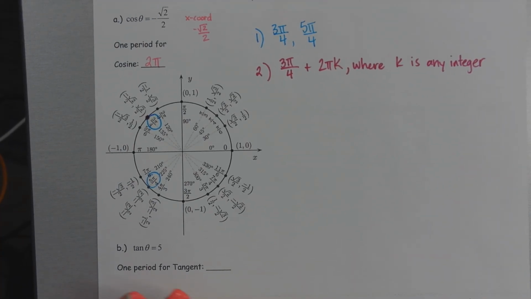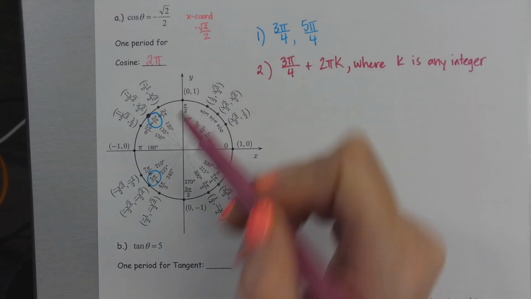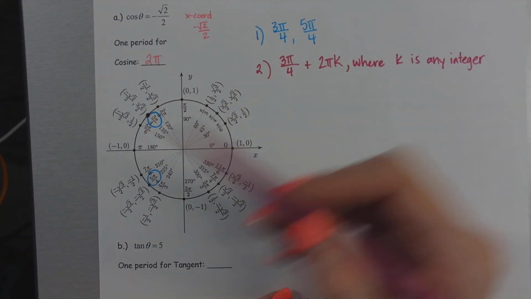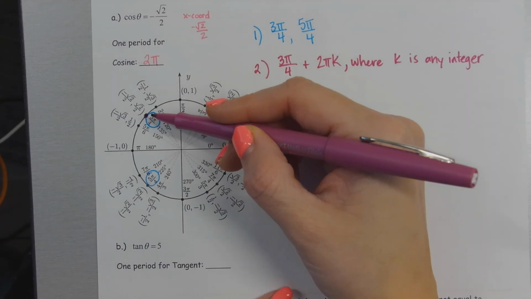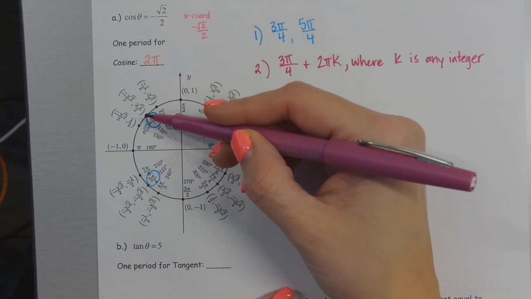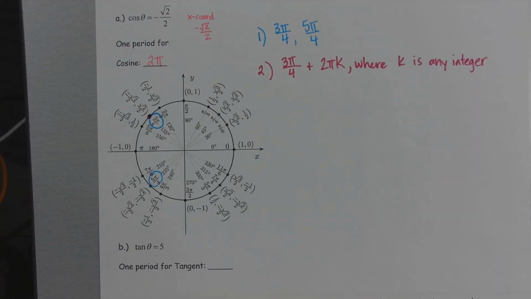Okay, so if k is any integer, that means you can go around the circle once, twice, as many times as you like in the positive direction, but integers also include negatives, so you can also go around the circle clockwise and counterclockwise in order to hit all of those values.